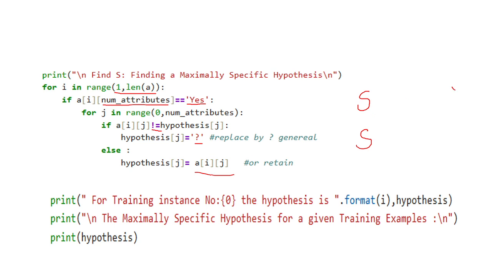Both are the same, so you just copy, otherwise you can skip, pass, no problem. Suppose the earlier attribute is yes and now this is no, in this case both are different, that is why you have to replace it by a question mark. If both are different, put the general question mark, otherwise retain. So you display everything in a neat format.